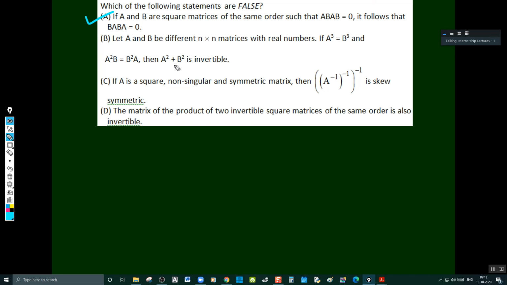A cube is equal to B cube is there. And A square B is equal to B square A. Let us subtract.